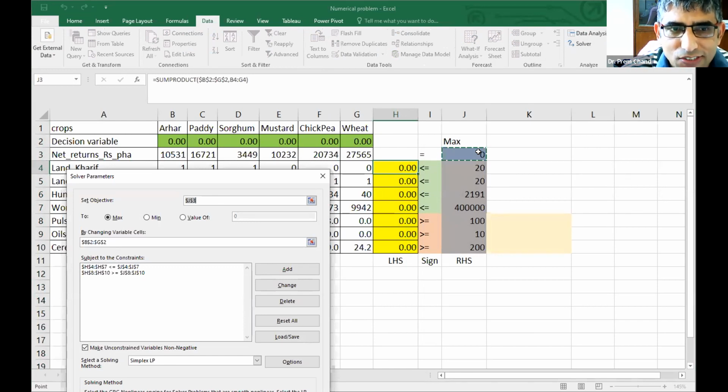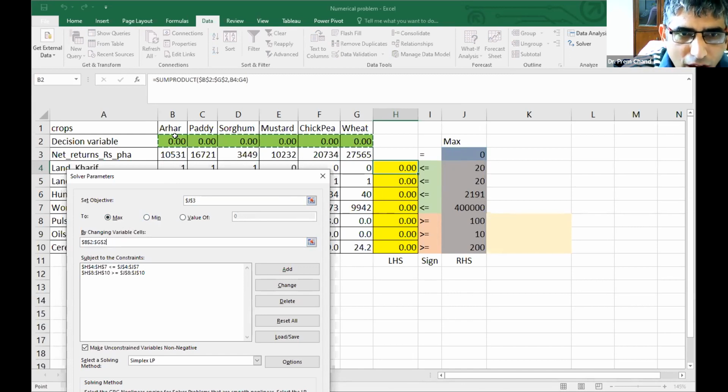I will select J3 because my net return from all the crops is mentioned in the J3 cell. So I want to maximize it, not minimize. What I have to control is area under different crops. So my decision variable will be B2 to G2.